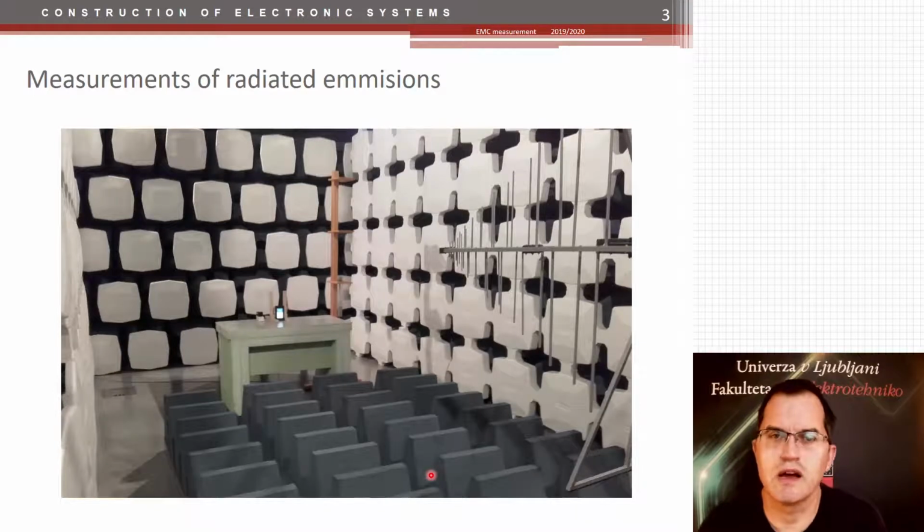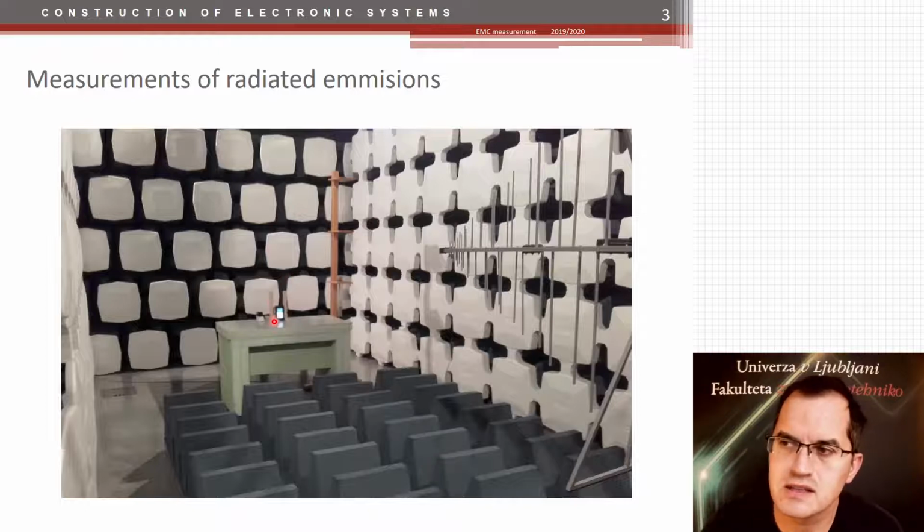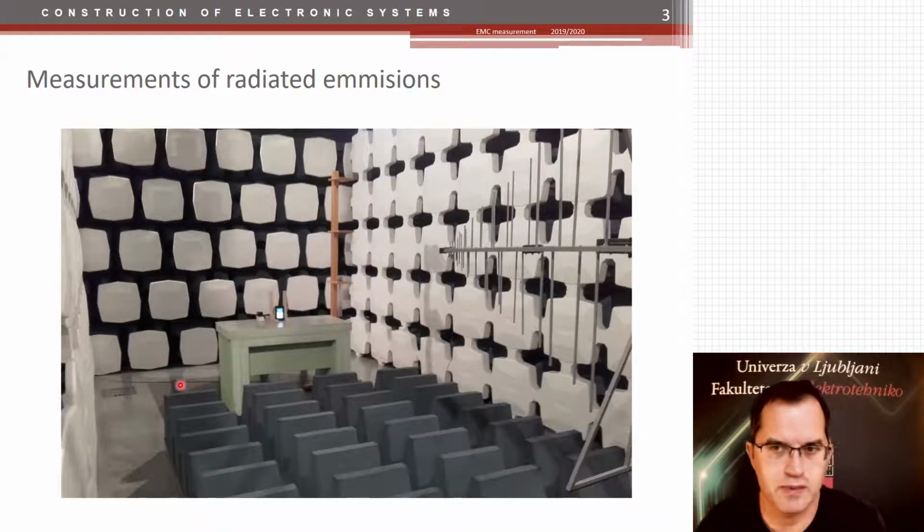Usually what we do, we have some sort of a chamber that is shielded from outside, and also inside it has absorbing walls, so the electromagnetic noise coming from the device under test is not bouncing off the walls and actually gets absorbed. So this chamber actually acts as an infinite space.